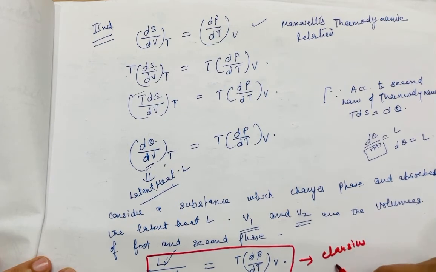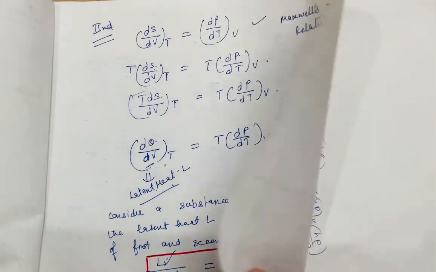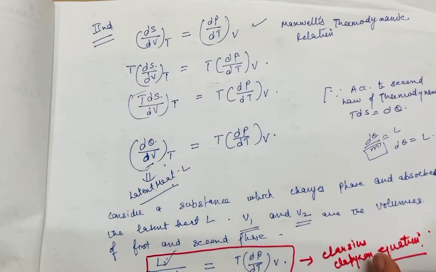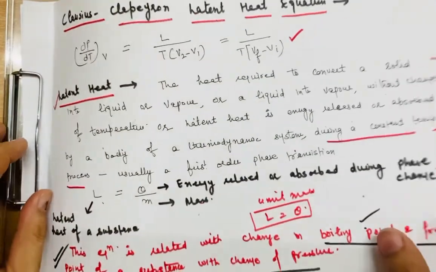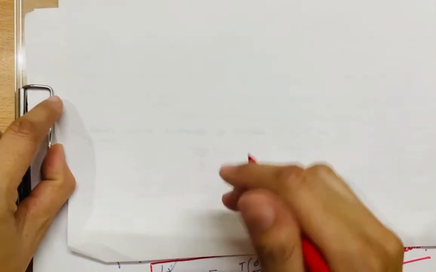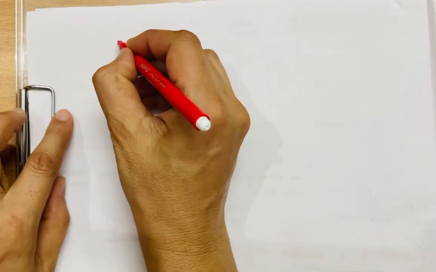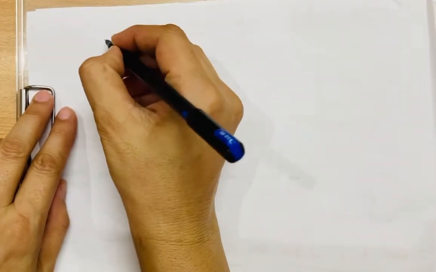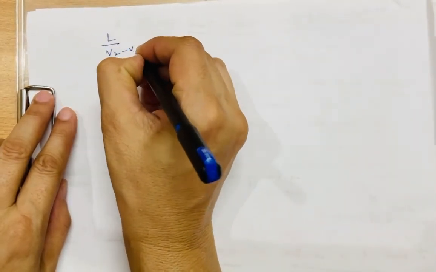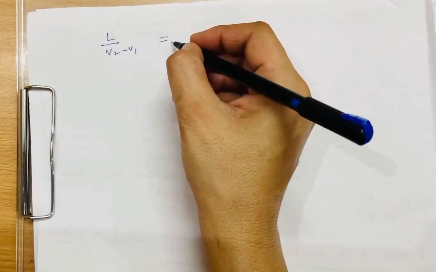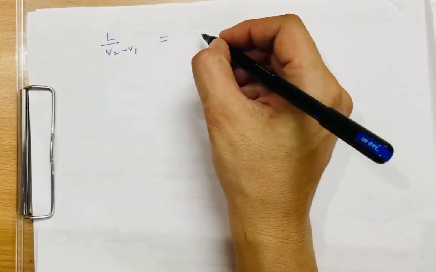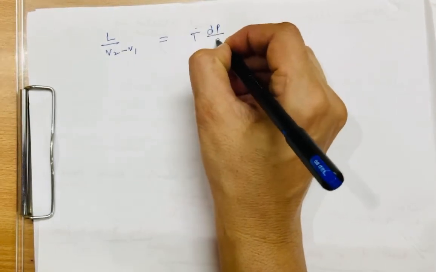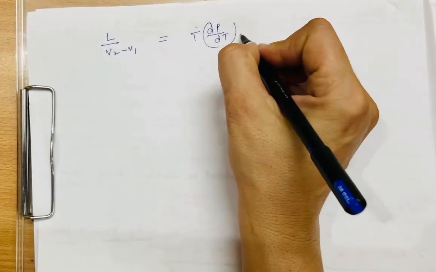Clausius-Clapeyron equation. We have the equation L over V2 minus V1 equal to T dP over dT at constant volume.